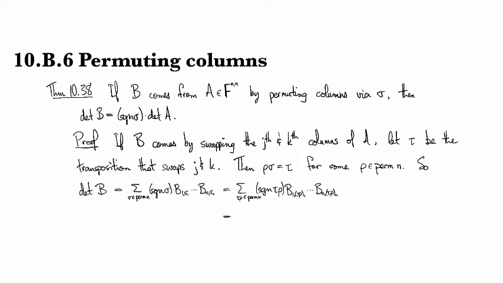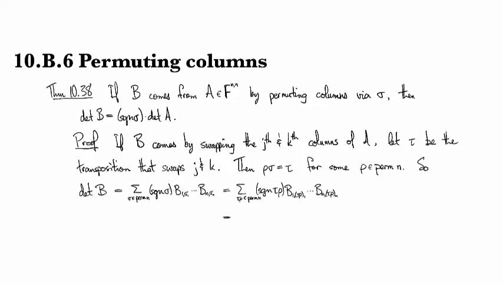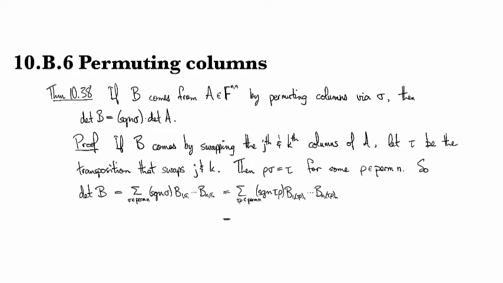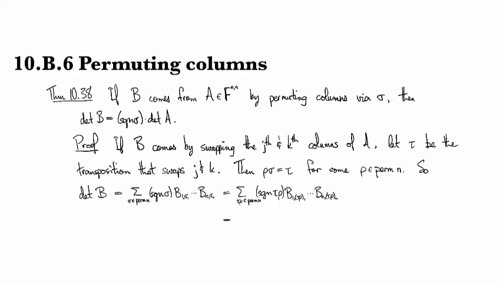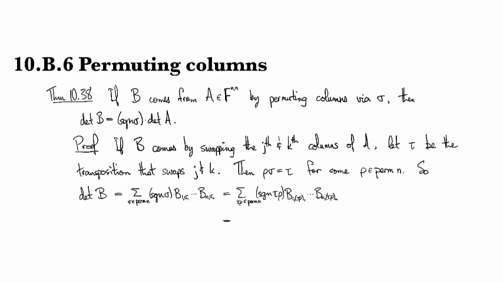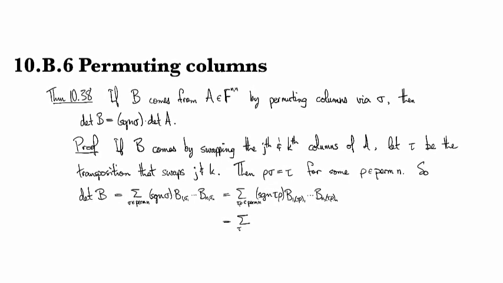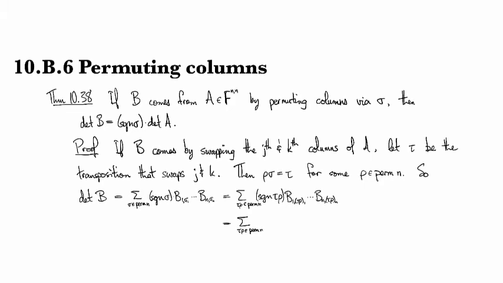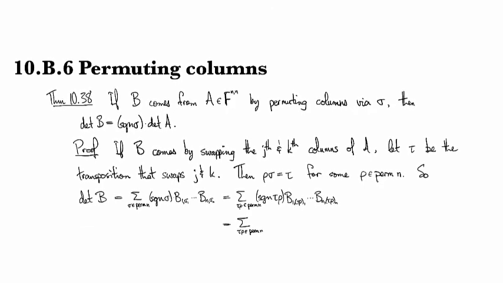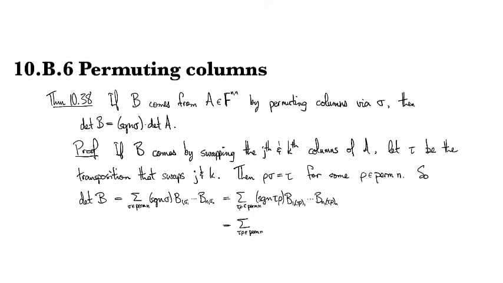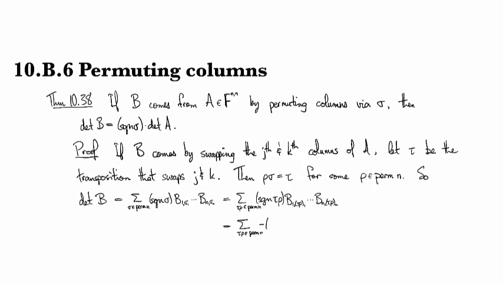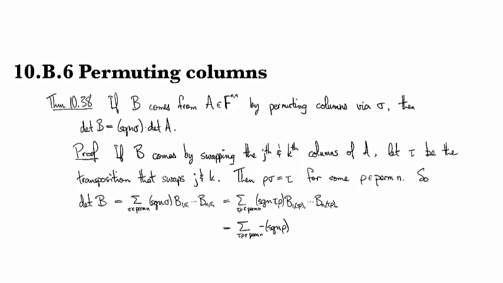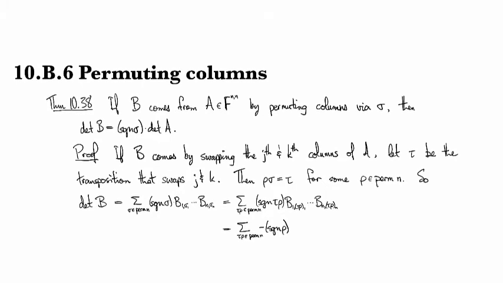And then this is the same. Let's see, I can evaluate some of this now. I've got the sum over tau rho in Perm n, and then the sign of tau times rho is just minus the sign of rho, because we did one permutation.